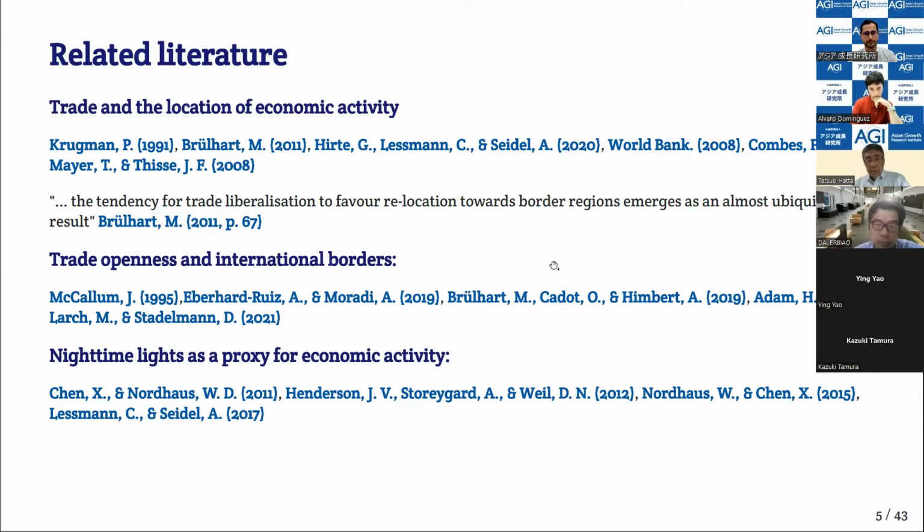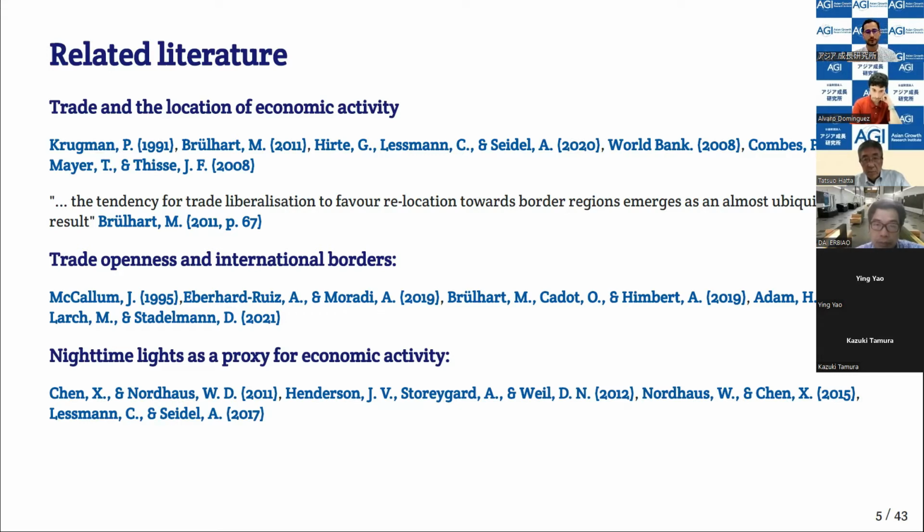Here we have some papers that try to measure the impact of trade agreements and trade on the economic activity of border regions. For example, some of them use nighttime light emissions near international roads. So roads that go from one country to the other, and if there is trade openness, those roads are usually brighter at night because there is larger trade, for example.